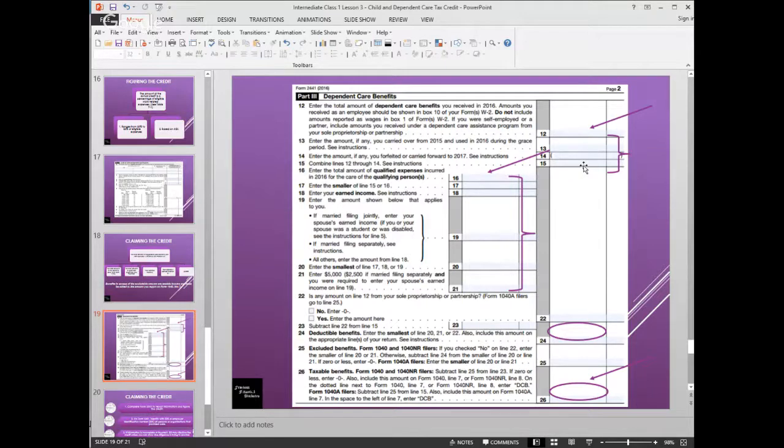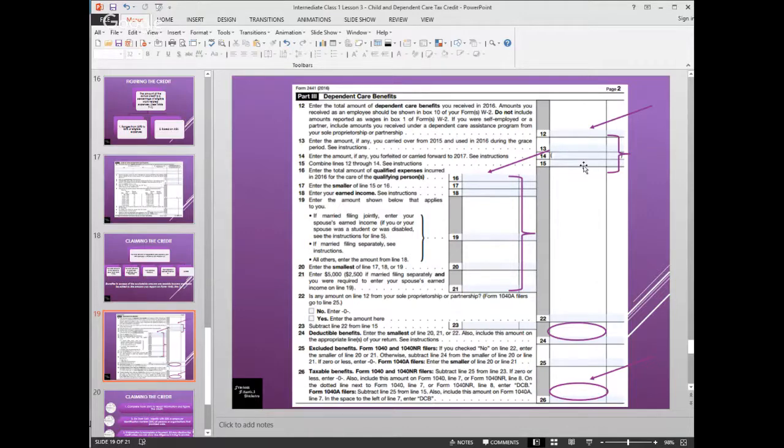And then we're also going to look at your earned income, and if you're married filing jointly, both incomes, look at the smallest of that amount. So you see here we're just filtering down the dollar amount that could possibly be included in the credit.